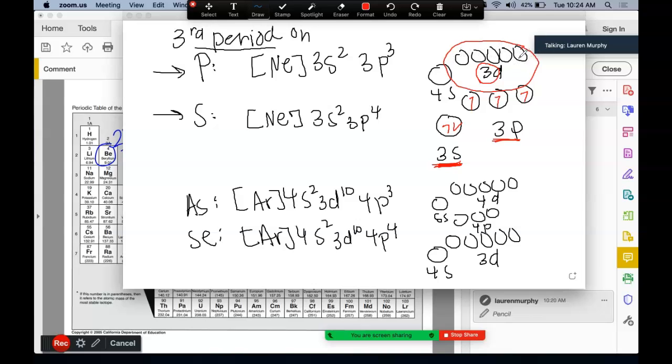And if they're empty, you can throw extra electrons on there. So that's what causes these elements to be able to be expanded. So right, the same with sulfur. Anybody from the 3rd period on has the potential to do this because of empty d orbitals.